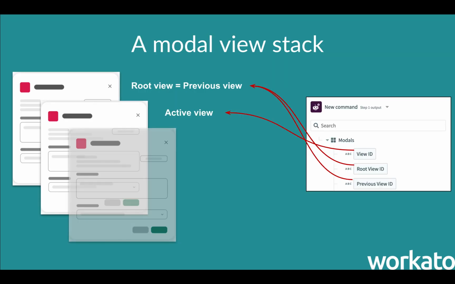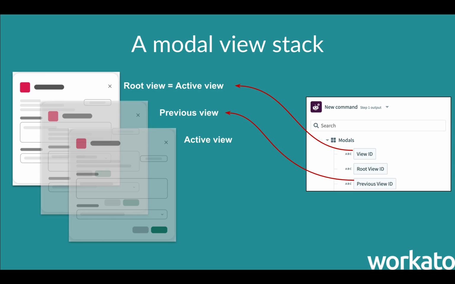With two views, then the previous view ID is the root view, and so the root view ID would be identical to the previous view ID. And if there's only one view, then the previous view ID would be blank, since there's no other view underneath. But the view ID and the root view ID would be identical.